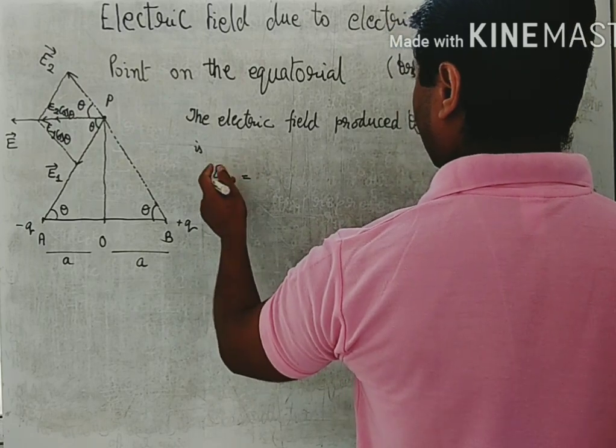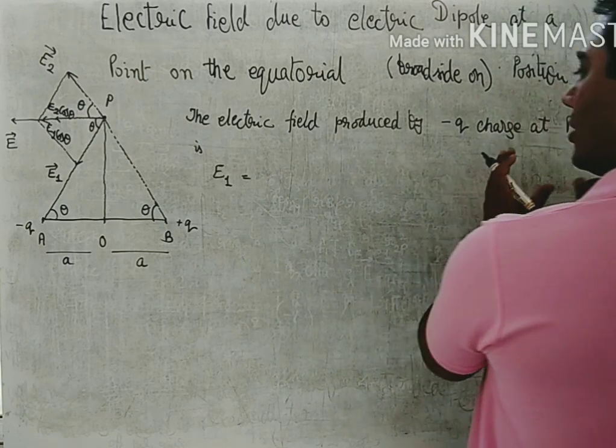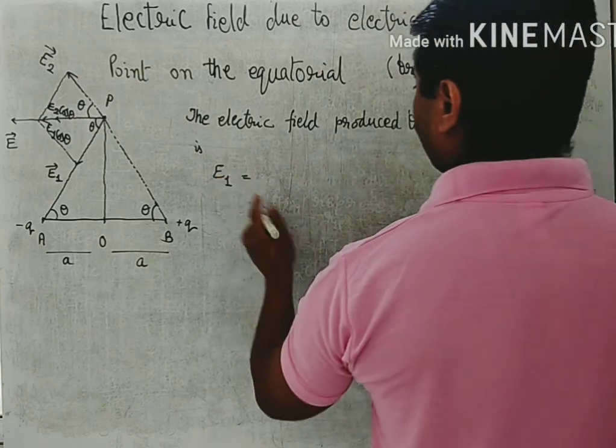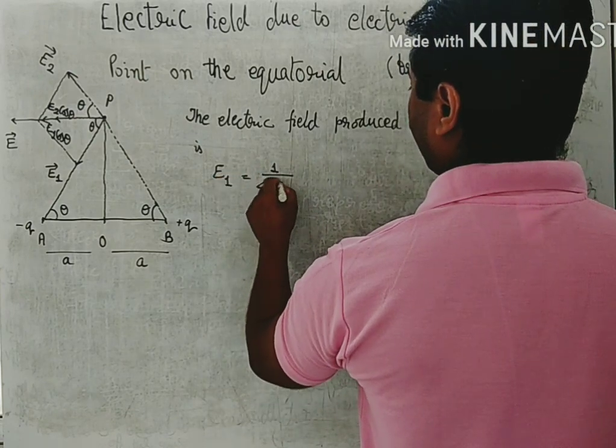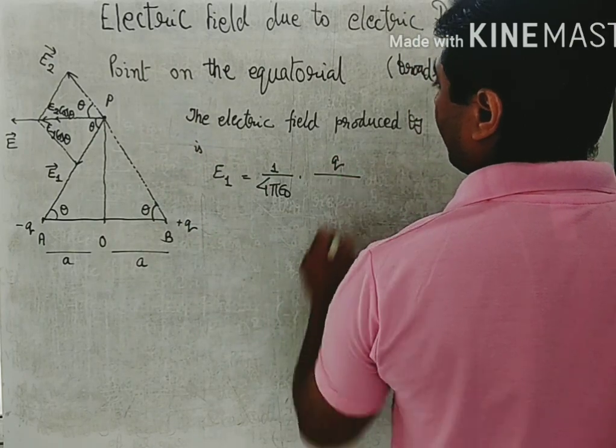Better would be if we just write magnitude only. Direction will be written just in a bracket. So E1 will be 1 upon 4 pi epsilon naught K, charge magnitude upon distance.